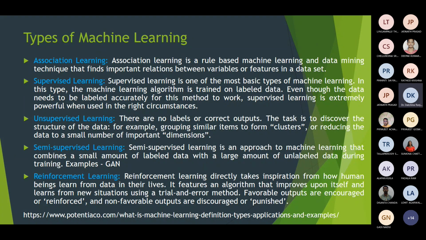Lastly, we have reinforcement learning. Reinforcement learning is basically a reward based or feedback based learning approach, where we use the feedback to feed to the system, and then the system will adaptively improve itself.